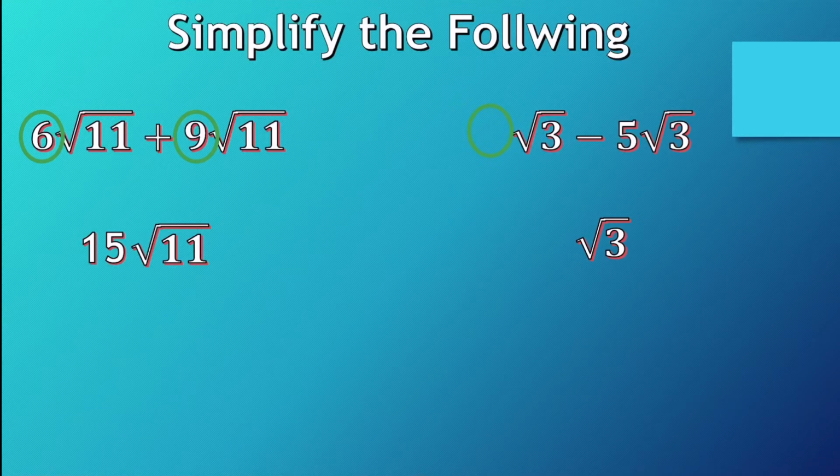There's nothing there, right? But there's a 1. You have to remember, if something's not written in front, there's a 1. So really, I have 1, and then I have -5. Remember those integer rules. Go back and watch the videos that are posted in the description. 1 minus 5 is -4.